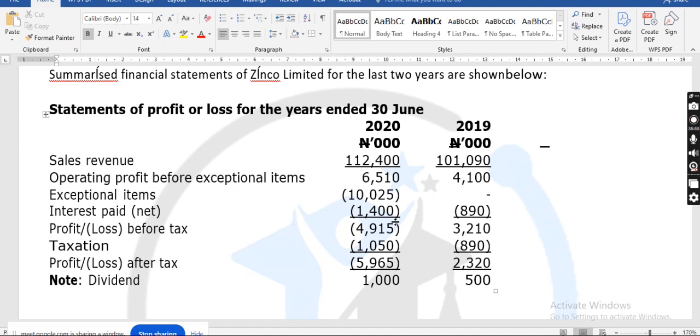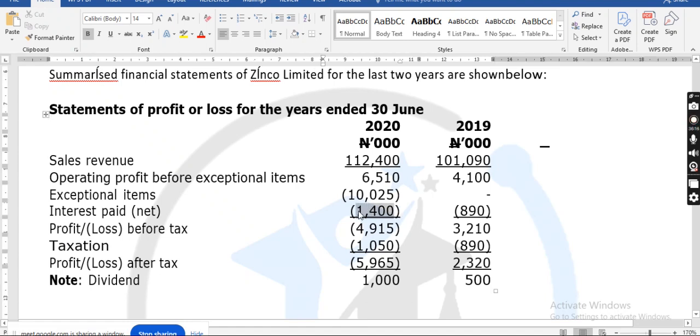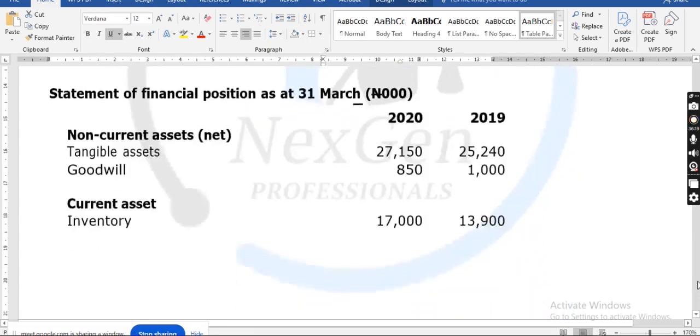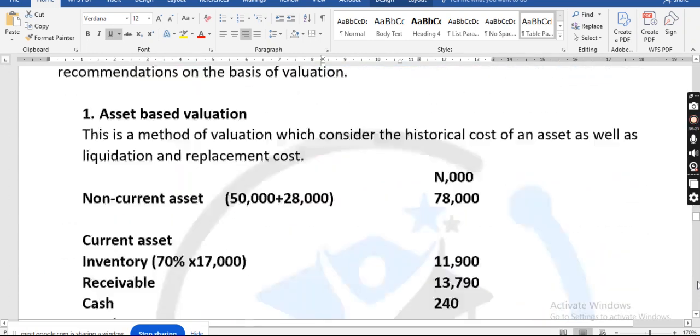So this is interest paid, and we have to increase it at the same rate as revenue. So we'll bring it to this side.